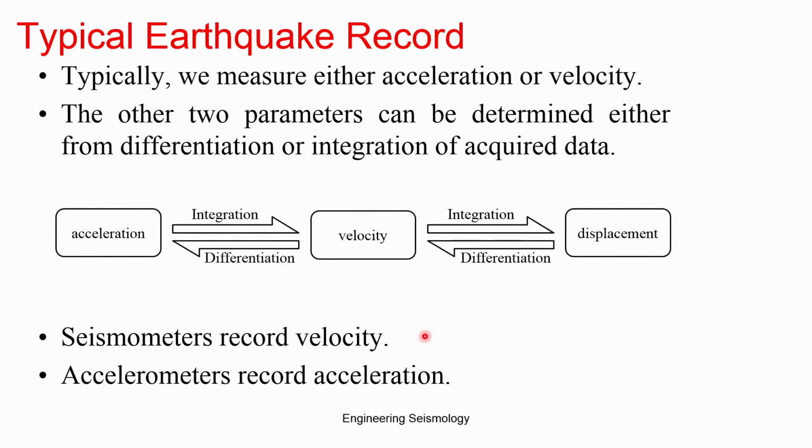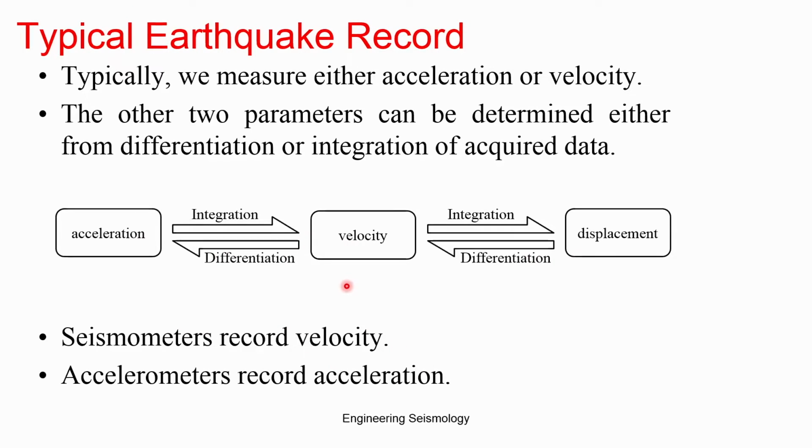You can convert from one unit to another by integration and differentiation. This is the typical example. From acceleration to velocity, integrate; velocity to displacement, integrate again. Displacement to velocity, differentiate; velocity to acceleration, differentiate. So this gives you that.